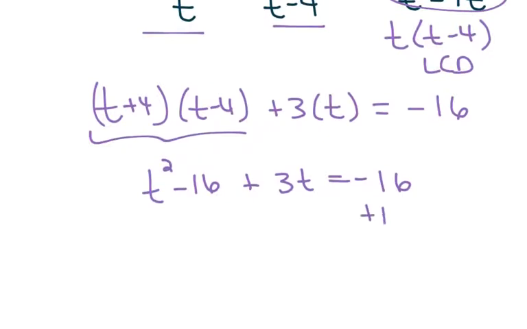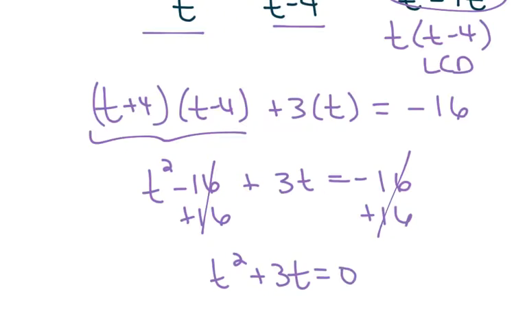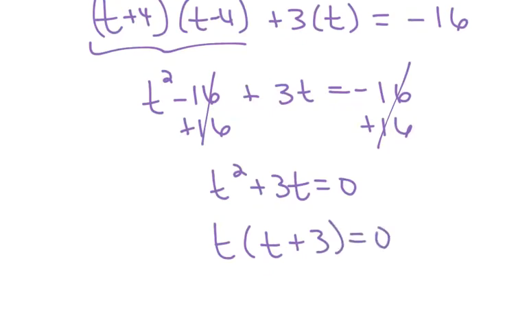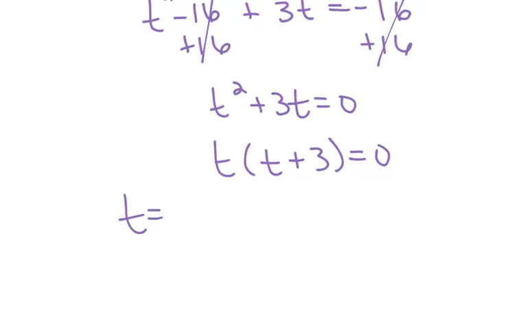So I'm going to add 16 to both sides, but hey, look, those end up canceling. You're left with t squared plus 3t equals 0. We're going to factor t out, and then we're going to perform the zero product property. So t equals 0 is one of the solutions, and t plus 3 equals 0, or t equals negative 3, is the other solution.